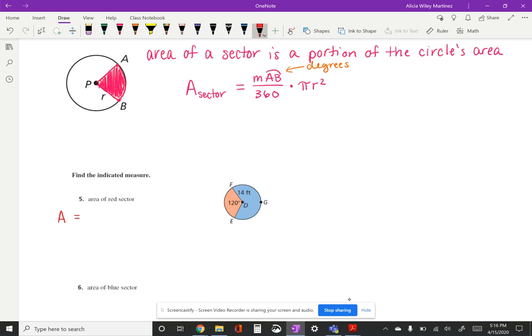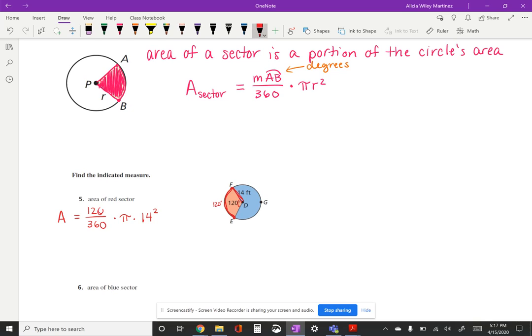The intercepted arc of the red sector is FE. Remember, if the central angle is 120, that means that the measure of the arc is also 120. So we have 120 degrees divided by 360 degrees times pi r squared. They tell us right here that the radius is 14. So it's times 14 squared.